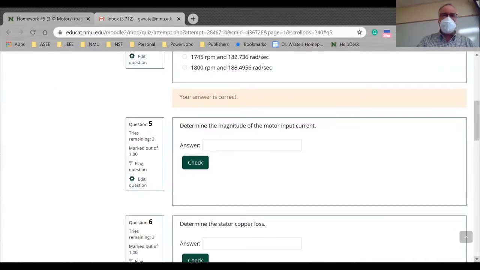Alt Shift S, is that it? No. Control Shift S, no. Alt S. Oh, stop share is Alt S. Oh, but it didn't work, so there you go.